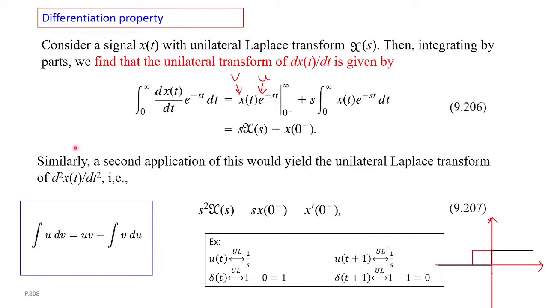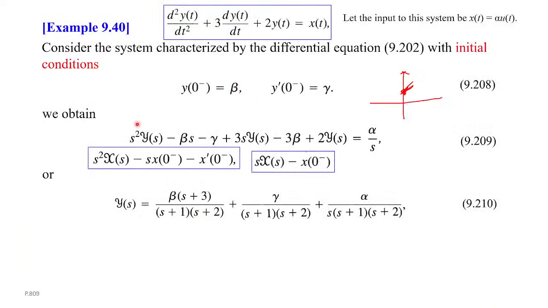And here's the derivation for the differentiation property. You basically do integration by parts, and you see the 0 minus gives you an extra x at 0 minus. And you can cascade this equation twice and get the unilateral Laplace transform of second order differentiation, which is this. And you can use those 2 things to solve the second order initial value problem.